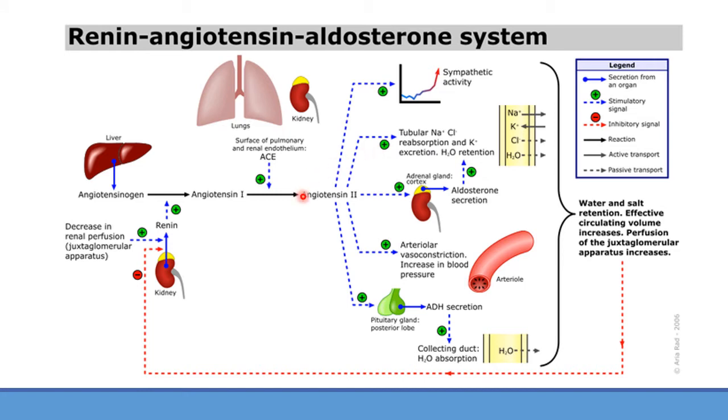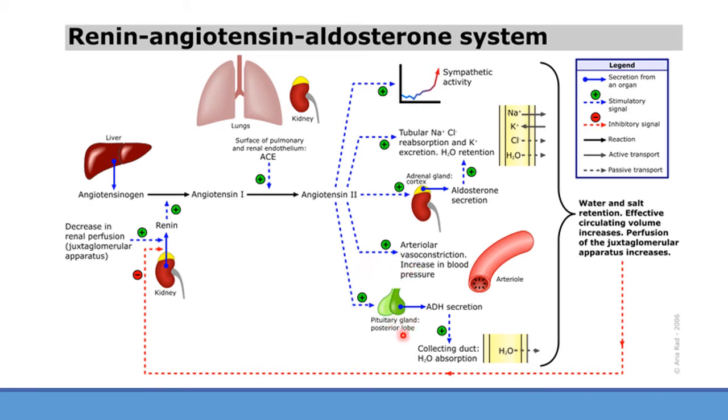This is a good picture showing how you're going to have more sodium, chloride, and water reuptake, but you're losing potassium. So long-standing hypokalemia can be another problem you run into with patients who have a high angiotensin II expressing state. You're also going to see the arteries vasoconstricting, which should cause an increase in blood pressure as well.